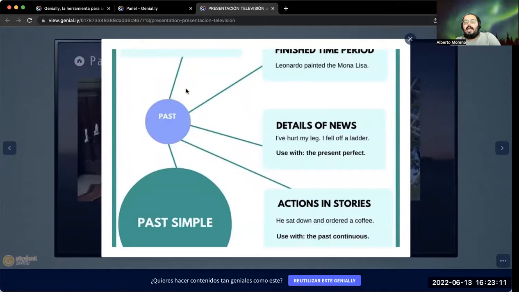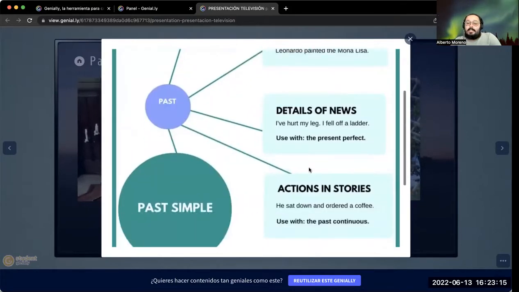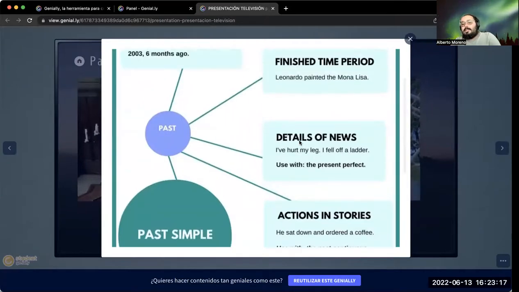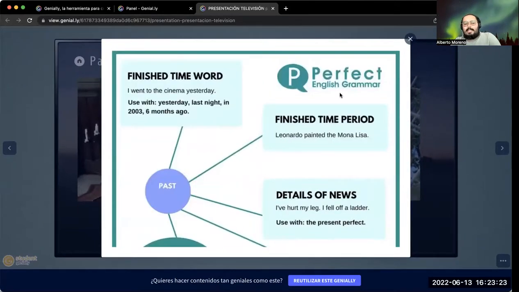I have hurt my leg, I fell off a ladder. Sin embargo, para estos usos vamos a utilizar formas compuestas del pasado, que no es la cuestión aquí. Lo importante es que el pasado nos va a servir para hablar de rutinas que realizábamos en el pasado y para especificar el tiempo en el que la realizábamos.